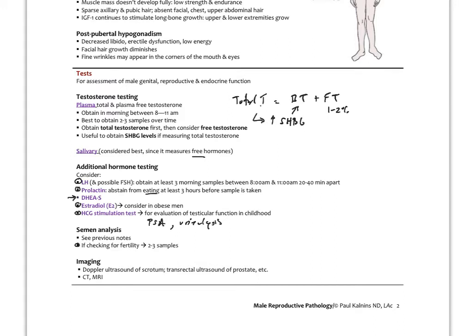And then specific imaging tests for the male reproductive system would be Doppler ultrasound of the scrotum, and this would be checking for varicoceles or circulatory disturbances in the scrotum. And then we can also do what's called the transrectal ultrasound of the prostate. We call that a TRUS, and that will allow us to estimate the size of the prostate, and that'll be important for different prostatic disorders.